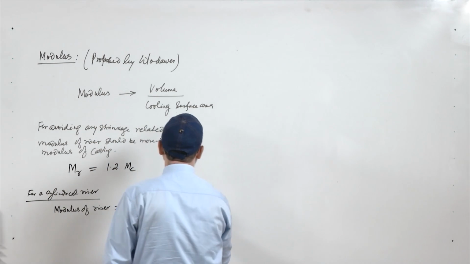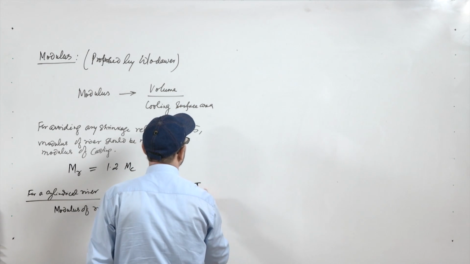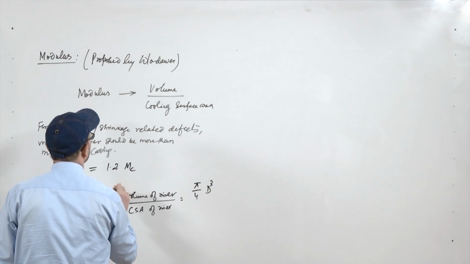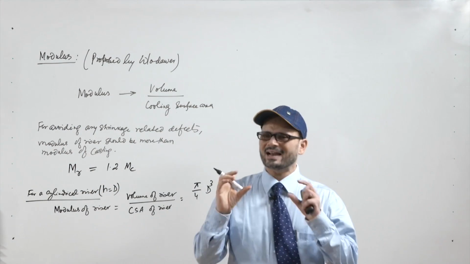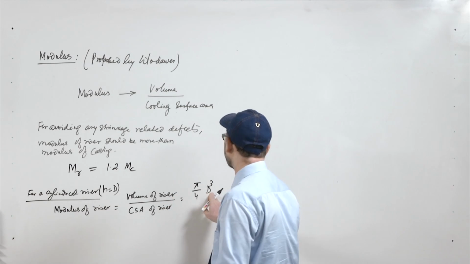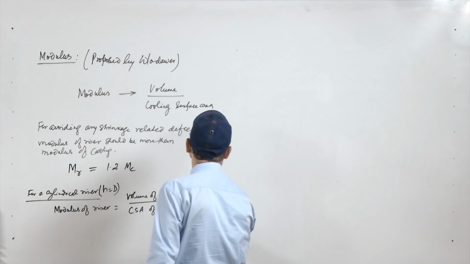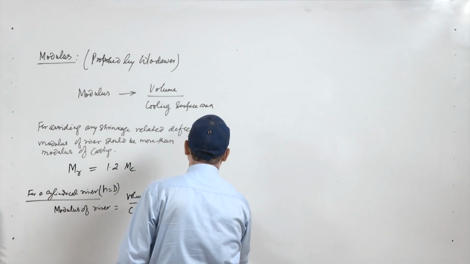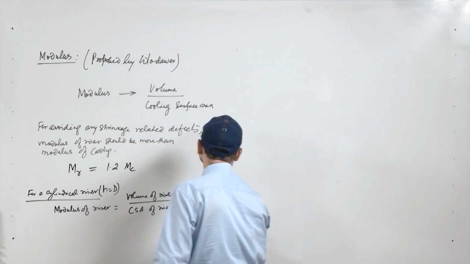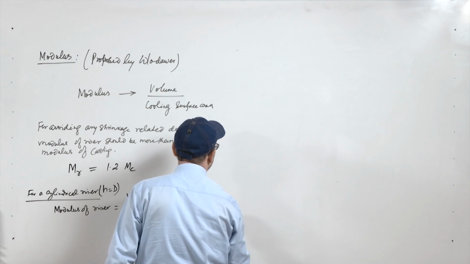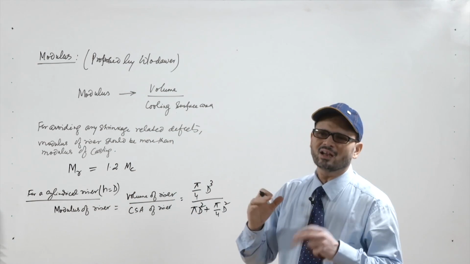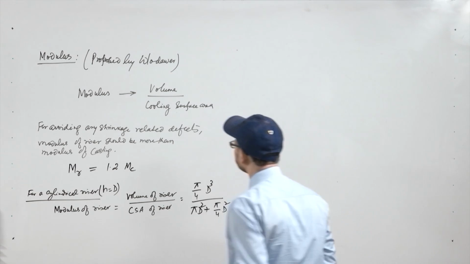So, volume of riser is pi by 4 d cube. We are taking height equal to diameter. If we take the riser with height equal to diameter, in that case volume of riser will be pi by 4 d cube, and cooling surface area of the riser will be pi d square, that is the curved surface area, plus pi by 4 d square, that is the top surface of the riser which is extracting the heat.